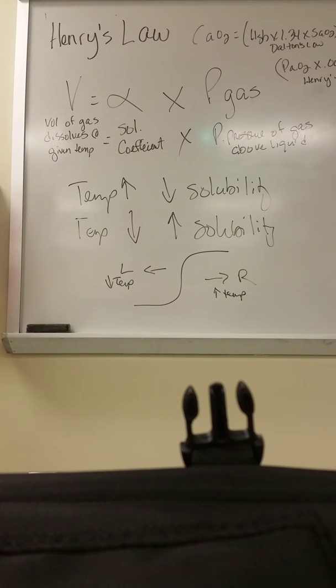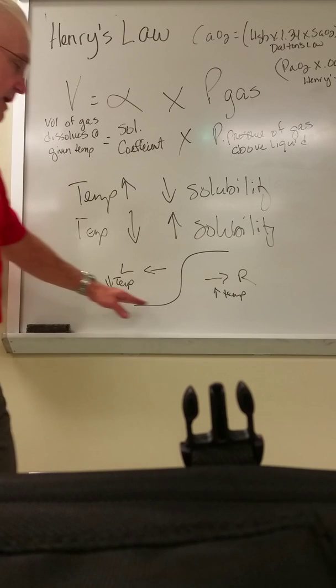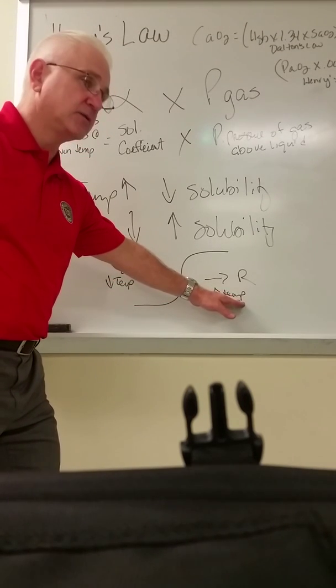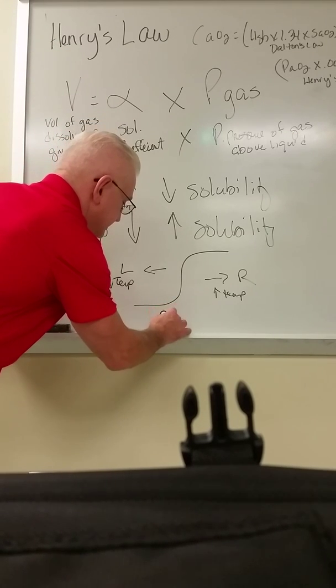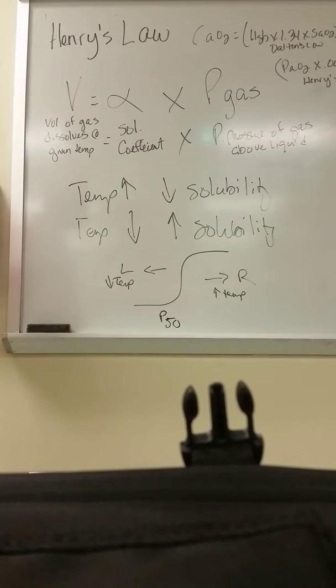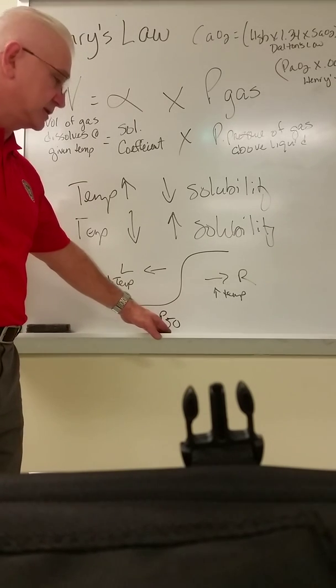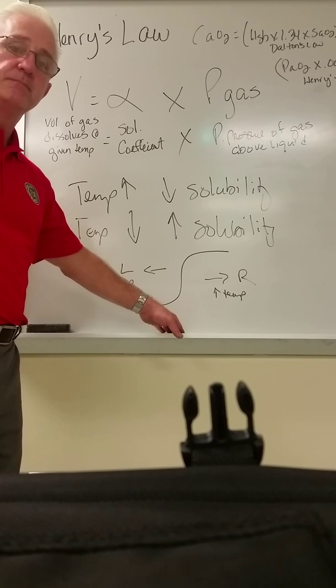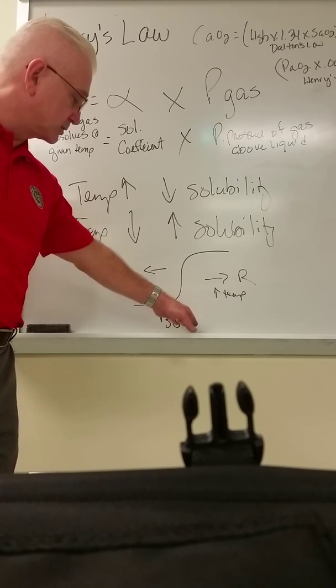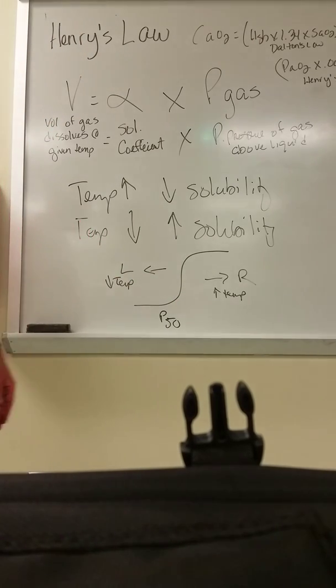So we have shift left, decreased temp, shift right, increased temp. How do we know it shifted? We have to look at the P50, the comparison of our saturation of our hemoglobin, 50% saturated, and what is the partial pressure, which would have been 26.6.